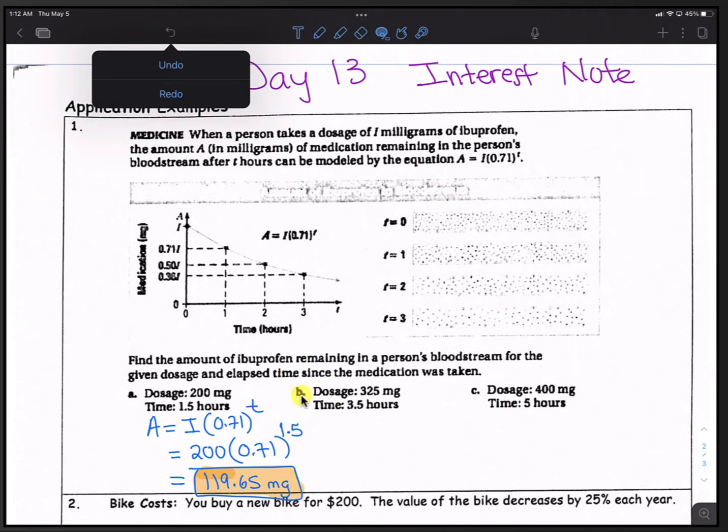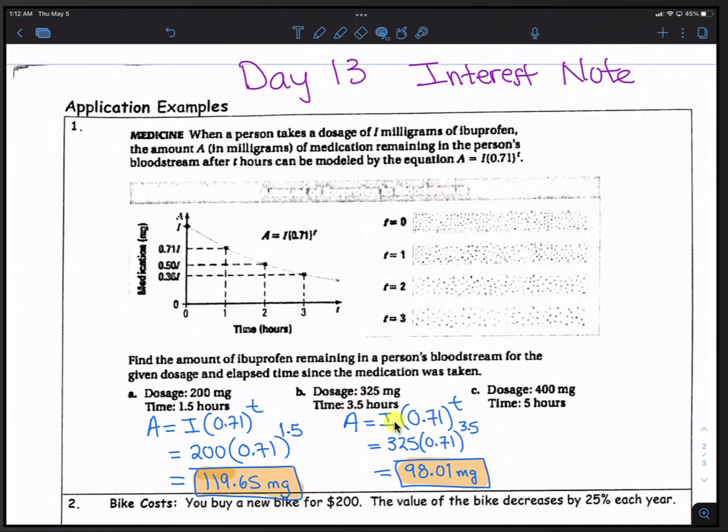All right, and likewise, here's part B. The initial dosage is 325 milligrams, and the time elapsed is 3.5 hours. So we'll just simply rewrite the equation. A equals I times 0.71 to the T. Replace I, which is the initial amount of the ibuprofen.